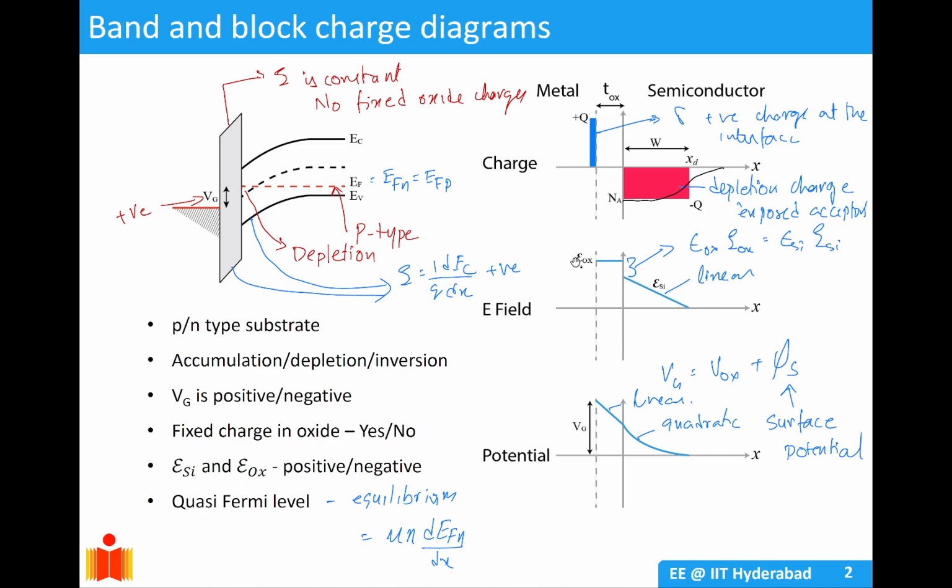When you calculate the electric field, you get a straight line in the semiconductor region, and in the oxide the electric field is almost three times larger due to the difference in the dielectric constant. When you calculate the potential, it's quadratic.